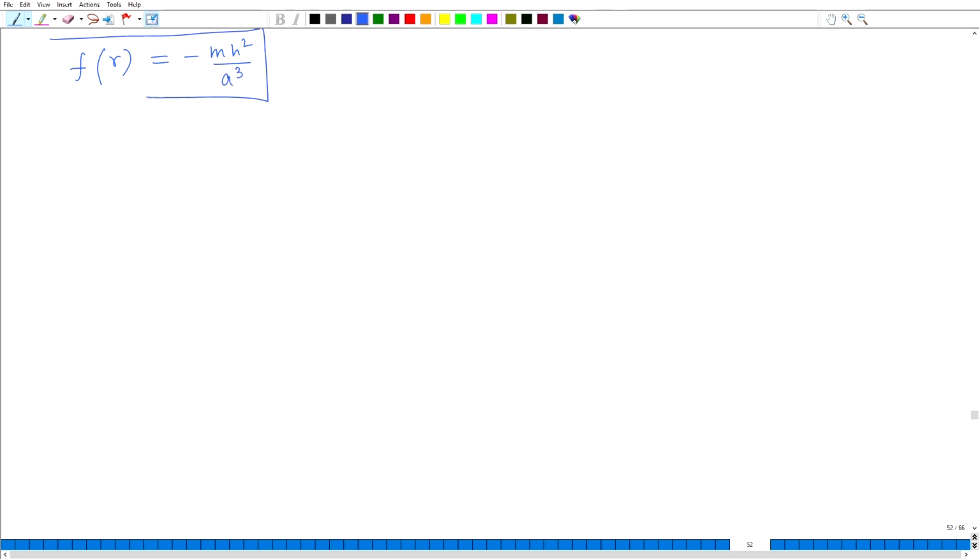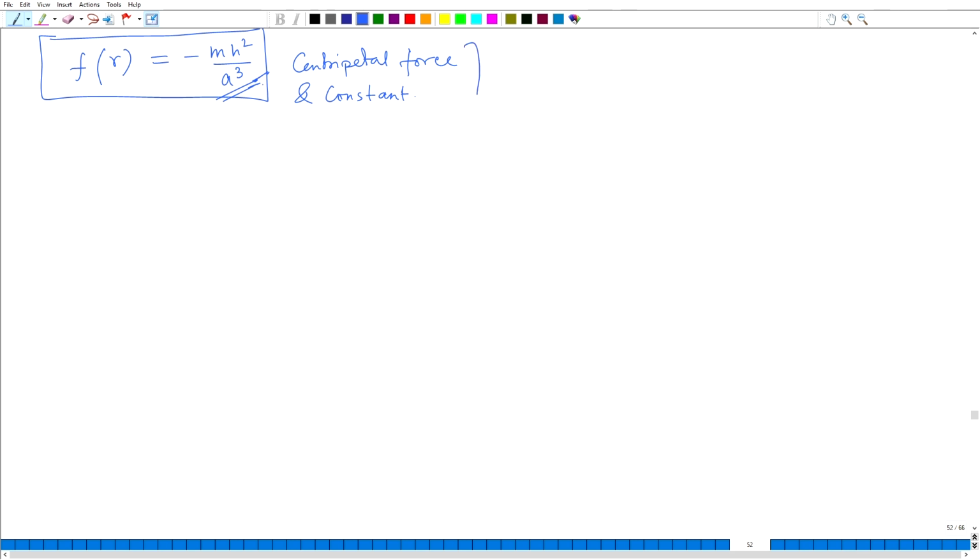So, again, this is nothing but the centripetal force and constant. Okay. So, this can be understood as an inverse cube force law, but for a given value of a.